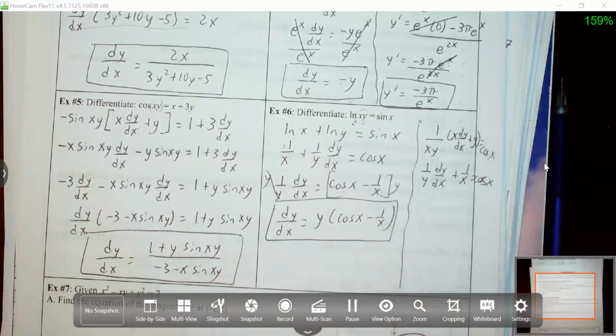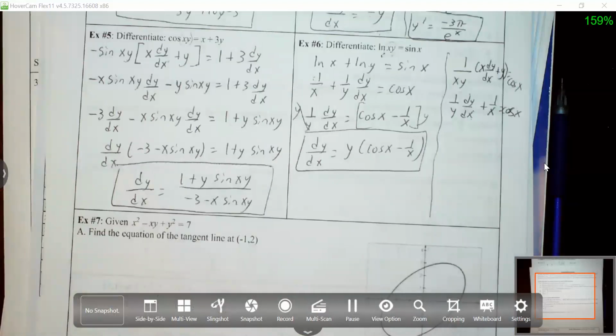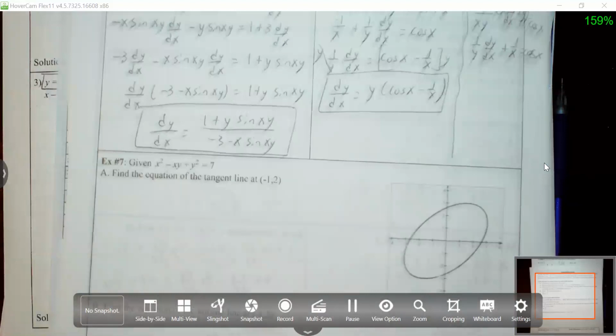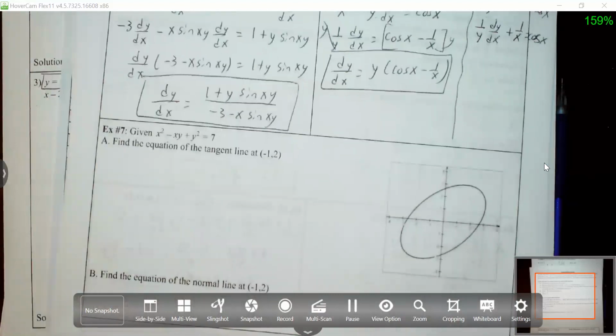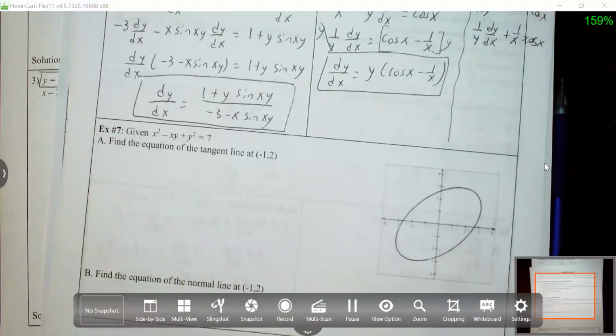Now, let's go ahead and look at example number 7. Given x squared minus xy plus y squared is equal to 7, find the equation of the tangent line and find the equation of the normal line. Okay.